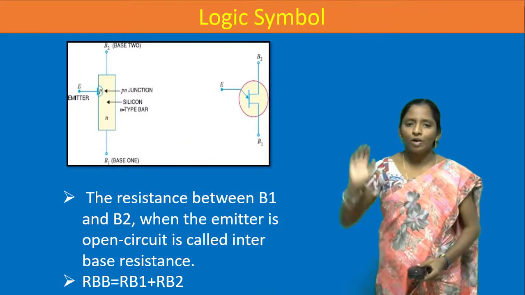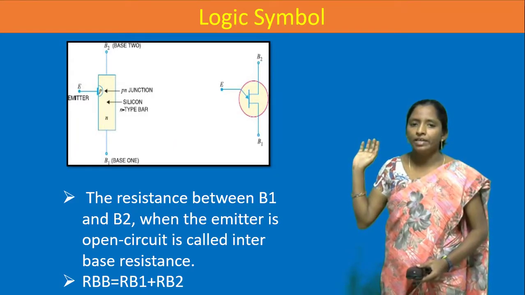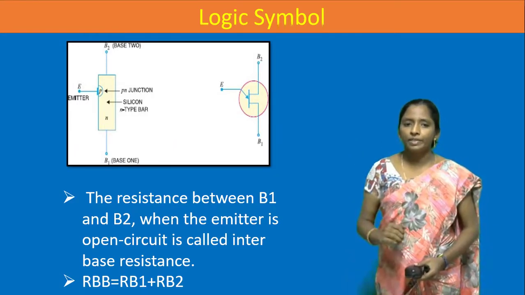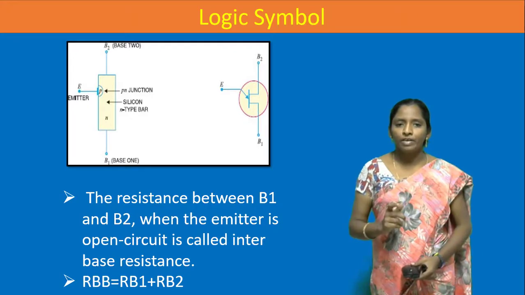This is the logic symbol of the unijunction transistor. Here it has one N-type silicon bar, and a P-type region is alloyed at one end nearer to base 2 to form a PN junction diode.